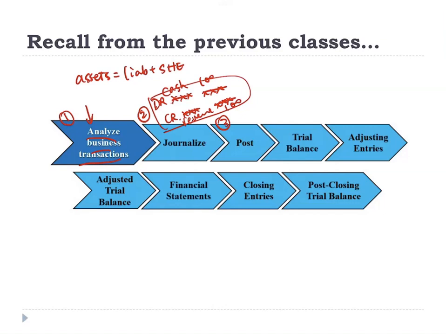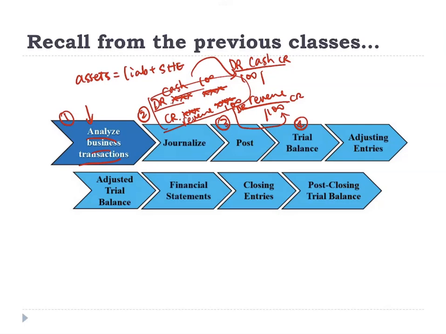In the posting stage, we post the debit of cash 100 to the debit side, the left-hand side, of the cash account. And we post the credit to the credit side of the revenue account for 100. So this is posting.